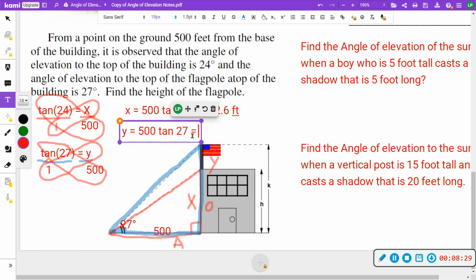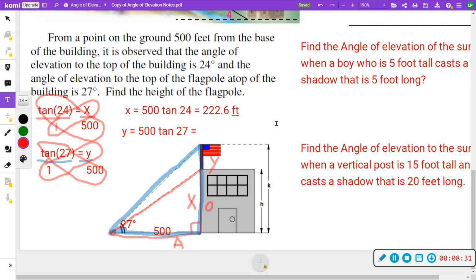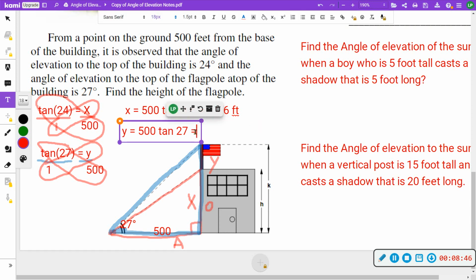And I type that in the calculator, and of course you would expect it to be more than 222. I type that in real quick. I get 254.8 feet. So now, what's the height of the flagpole?